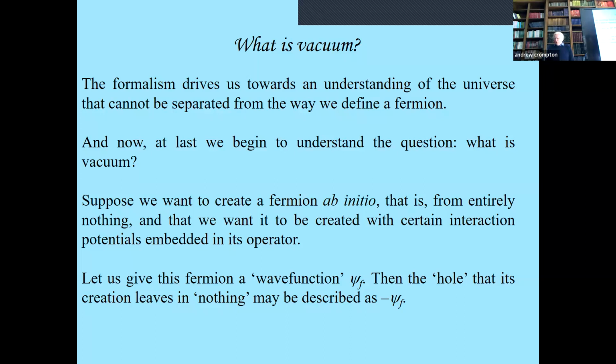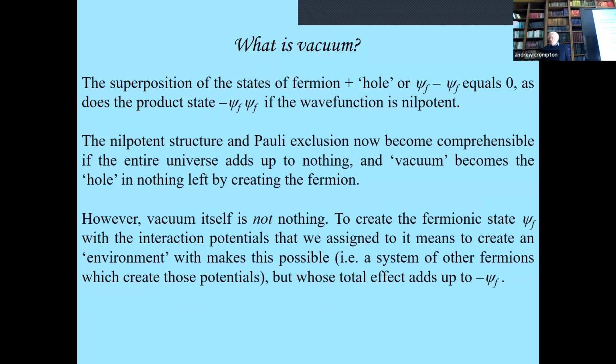We want a special fermion. We'll give it a wave function psi f. Then we're going to leave a hole in the creation that's left by that fermion, a hole in nothing, if you like. That can be described by minus psi f. And the superposition of the hole and the fermion is 0. It's just 0.